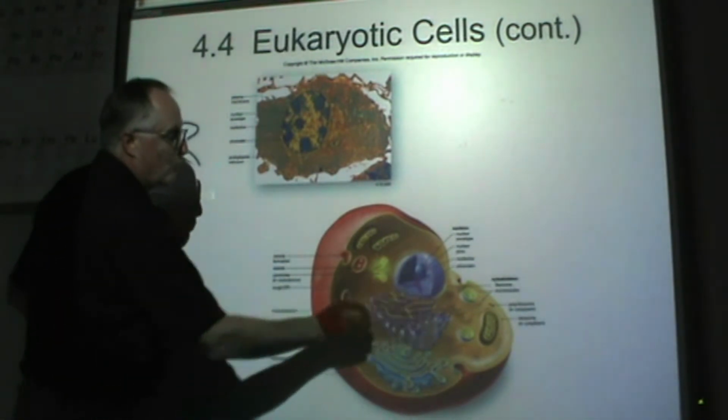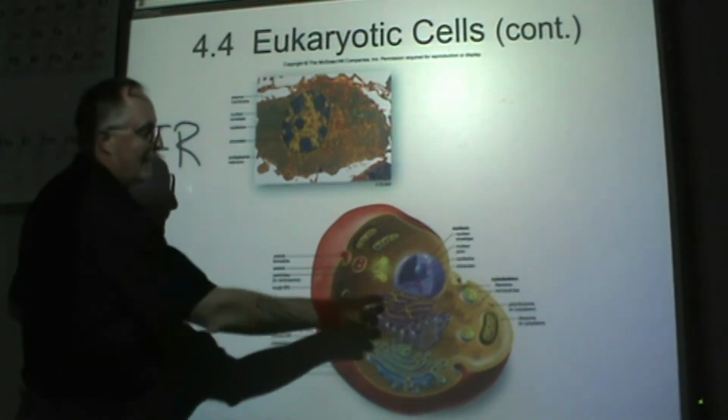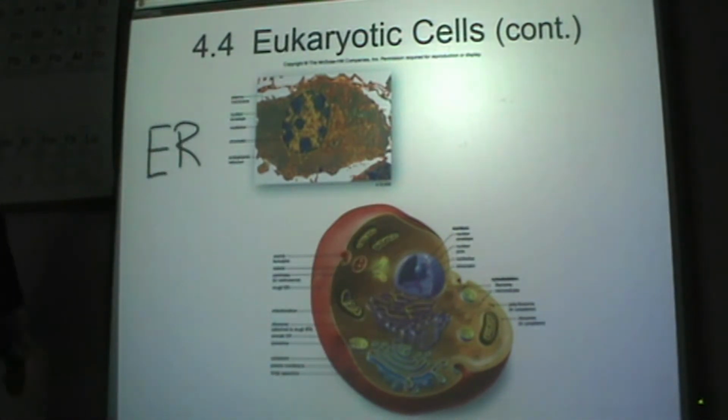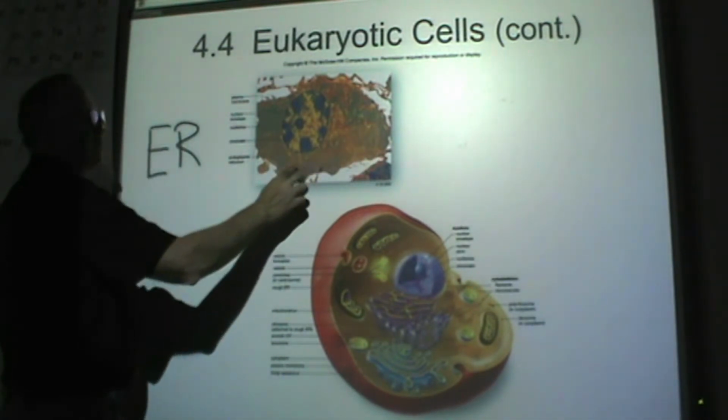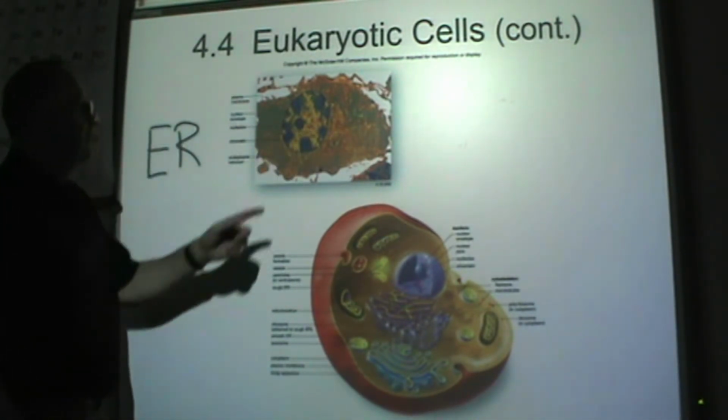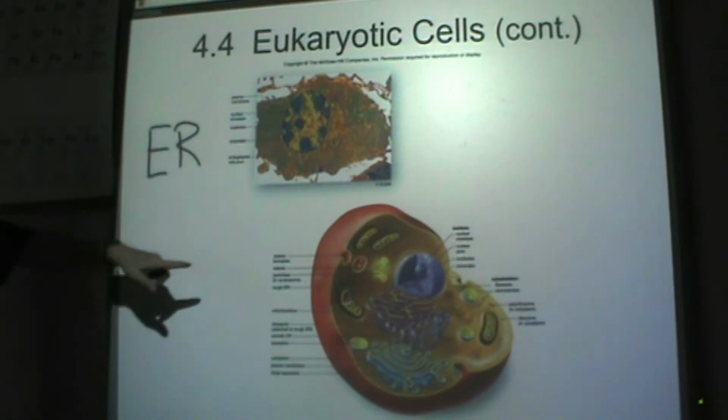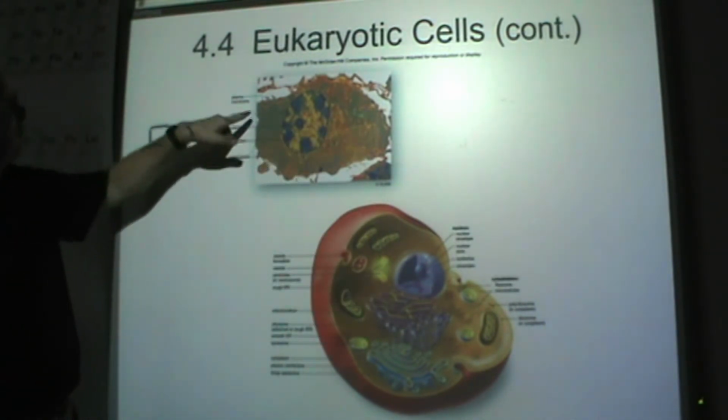But they just show it in one little spot here. It's actually everywhere. If you're in the back, it's actually even probably better. You can see this part that looks like a fingerprint or thumbprint on there. That's the endoplasmic reticulum throughout the whole thing.